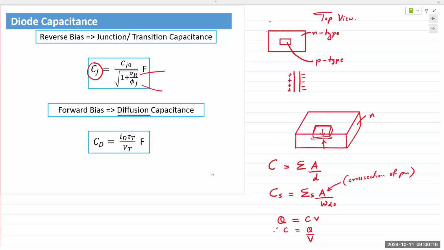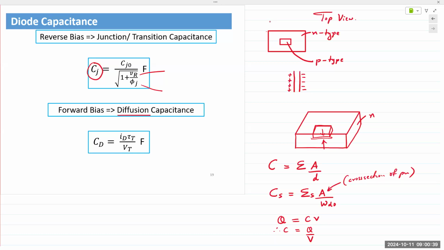It is just that the effect of either one is quite small or diminished, one for reverse and one for forward. So in reverse bias, the effect of the junction capacitance is magnitudes higher than the diffusion capacitance. So we simply refer to junction capacitance in reverse bias and diffusion in forward bias.